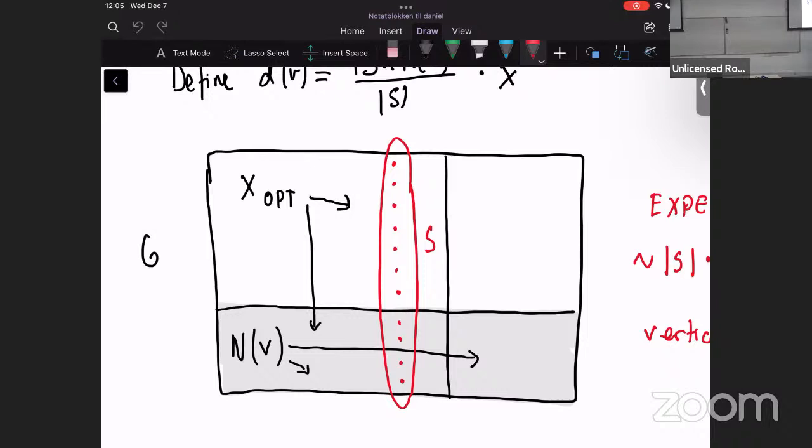When I pick a random element from X opt, what is the probability that that random element will end up in N(v)? If I'm picking a single random element from X opt, what is the probability that it will end up in the neighborhood?